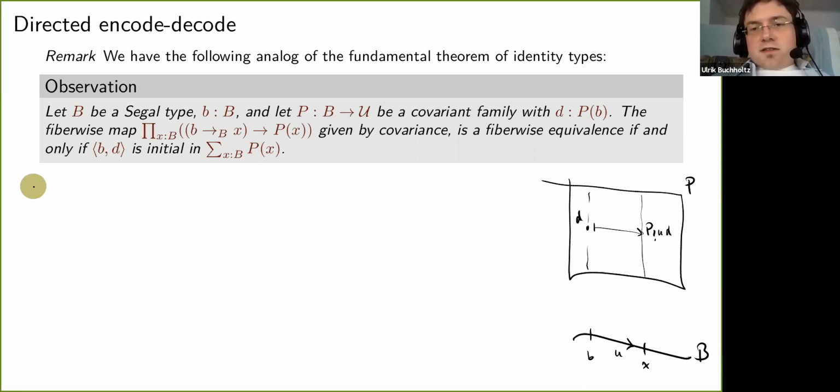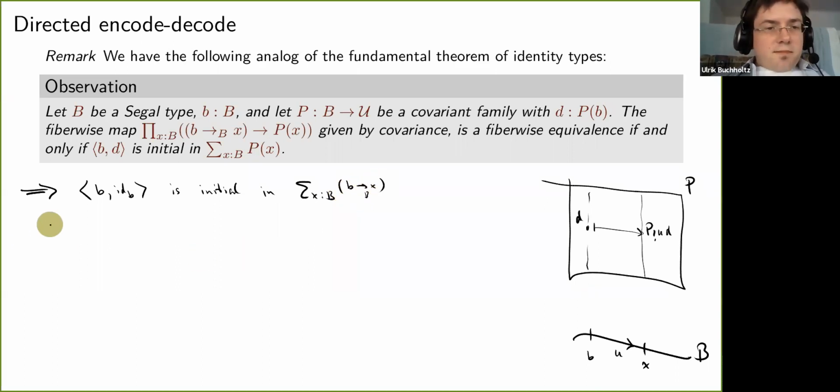All right. So if this is a fiberwise equivalence, then this is pretty clear, because the pair B and the identity at B is initial in the sigma type, sigma X, B arrow X, the Hom type. Okay, so if you have a fiberwise equivalence, then you get that.